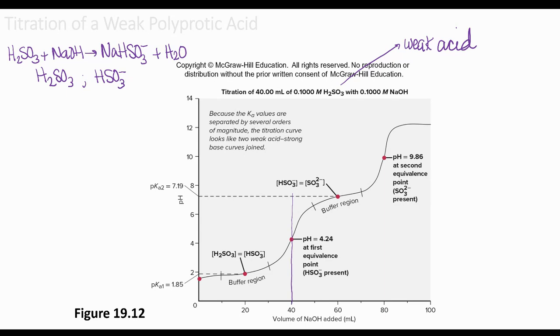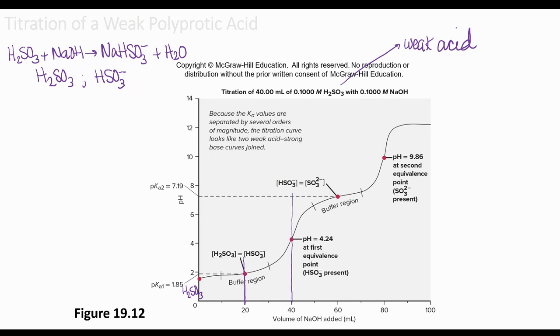Okay, so there's our first equivalence point. And let's kind of highlight what we're seeing. We start off with acid only. We end up with its conjugate base only. And then we have this halfway point where acid and conjugate base are equal and pH equals pKa.